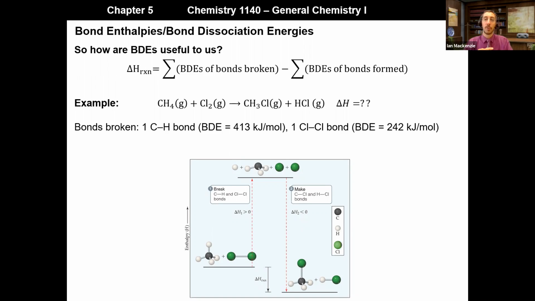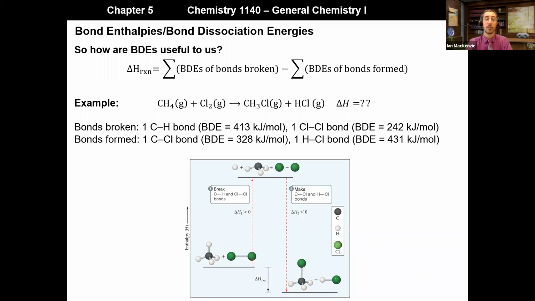And for the Cl-Cl bond, that's 242 kilojoules per mole. And I have just 1 mole from the coefficients of the balanced chemical equation. I just have 1 mole of each reactant, and I'm only breaking 1 bond from each one. So I'm just breaking 1 mole of bonds.